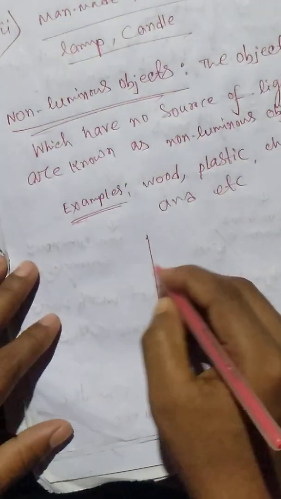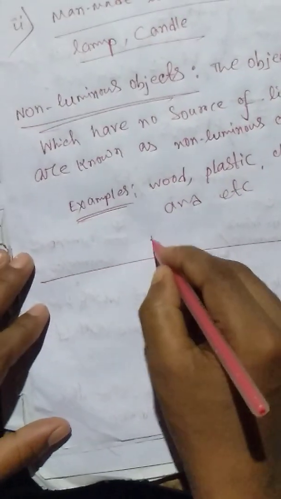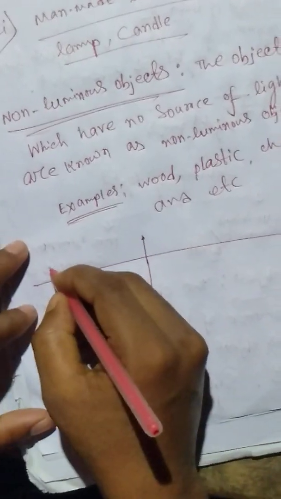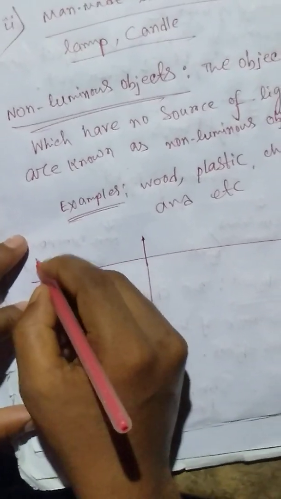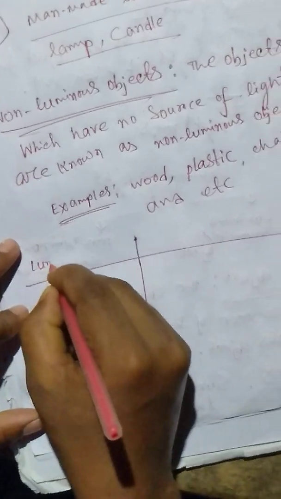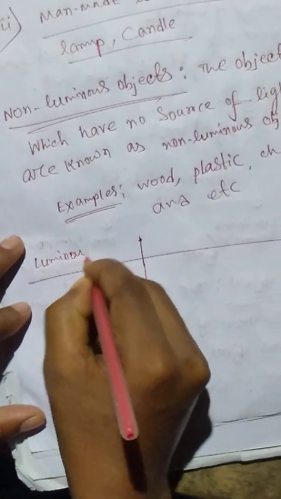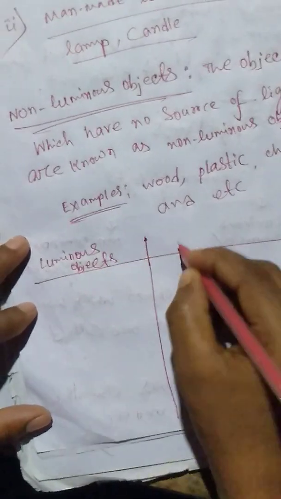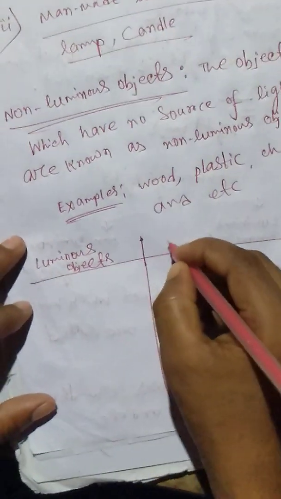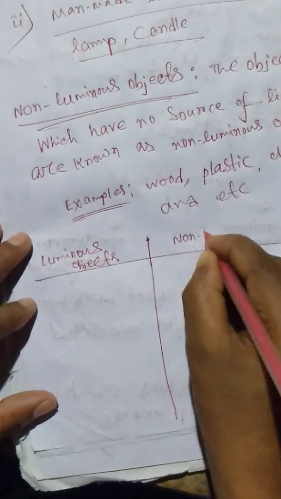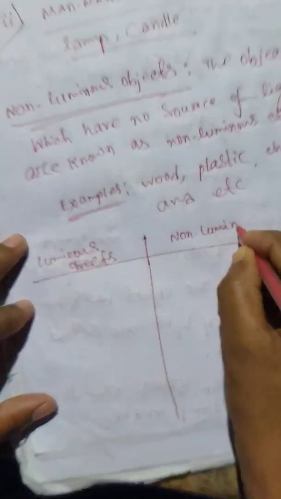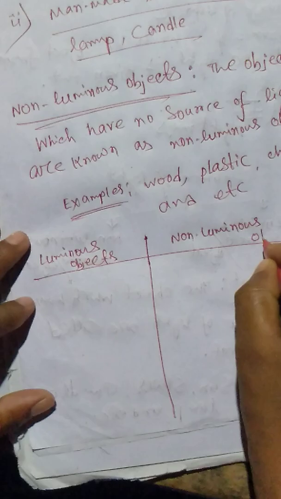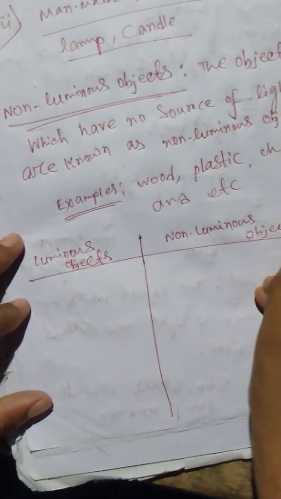I make a table here. There are two columns. In the first column I write luminous objects, and in the second column I write non-luminous objects.